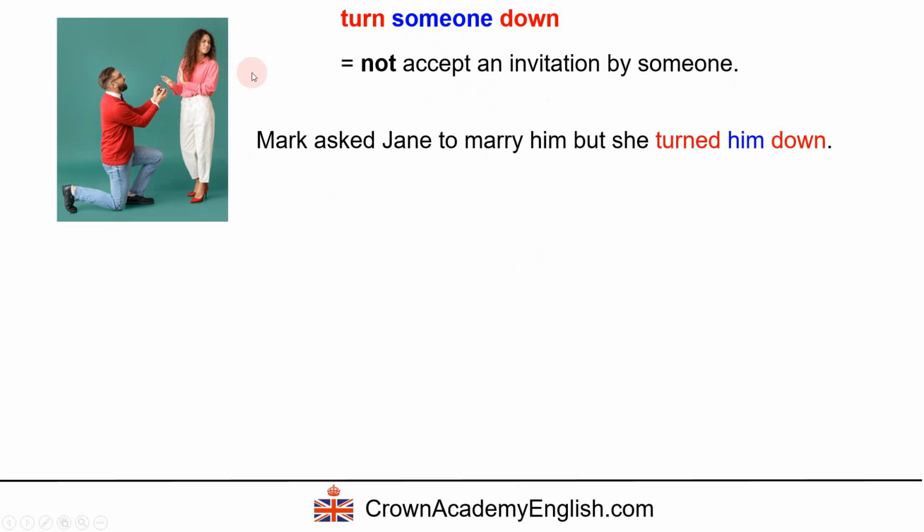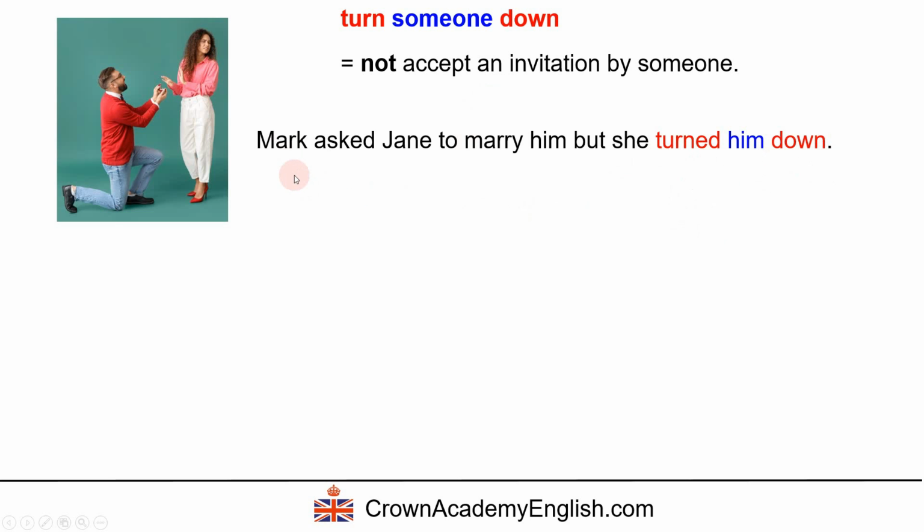But Jane does not want to marry Mark. So we say Mark asked Jane to marry him, but she turned him down. She turned him down. This means she said no to him. She refused and she did not accept his marriage proposal. Okay.